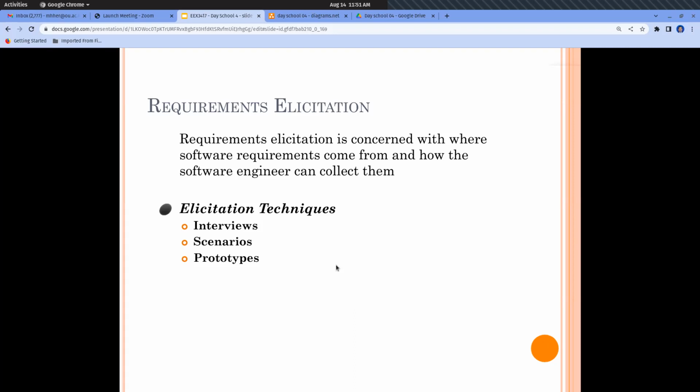So they tell what should be done, what the drawbacks of this system are, and like that.